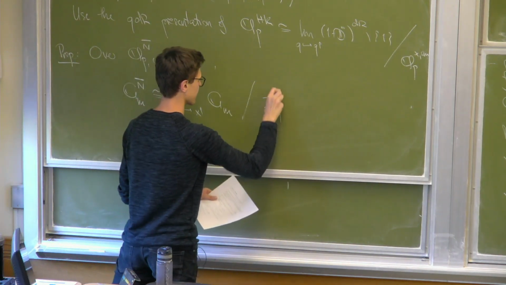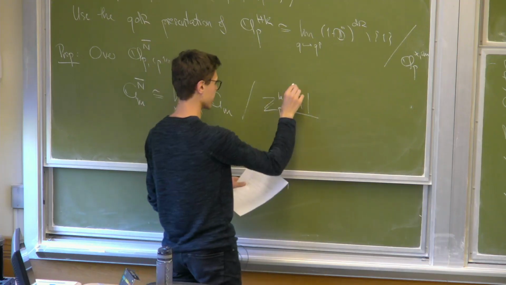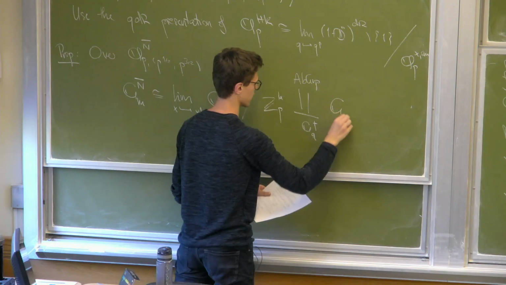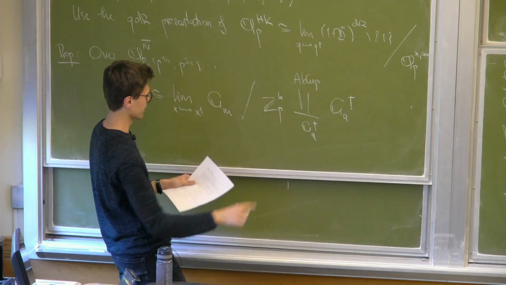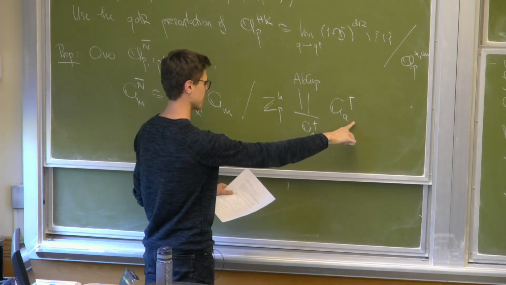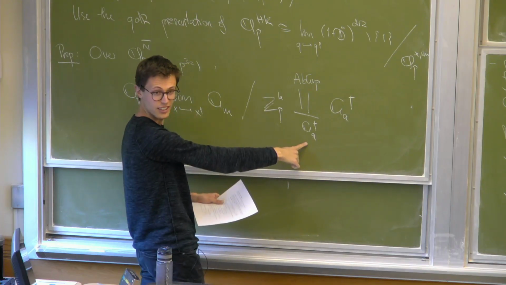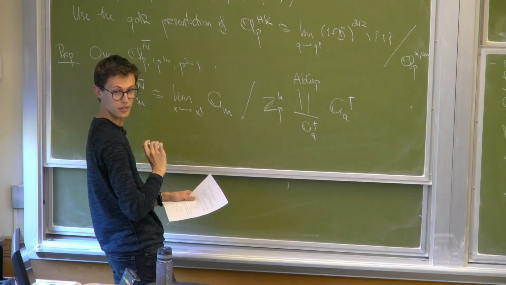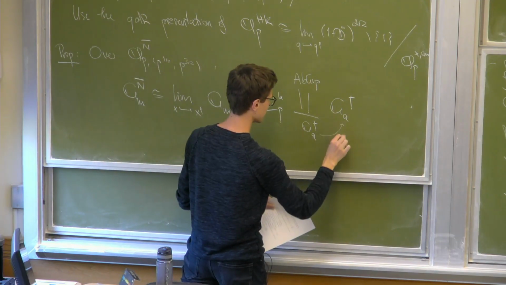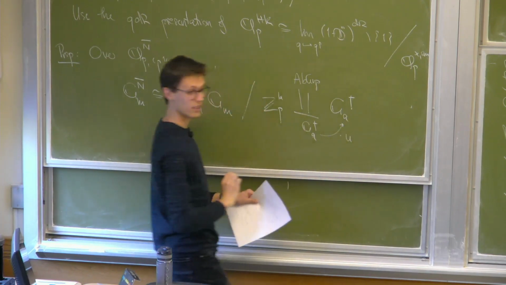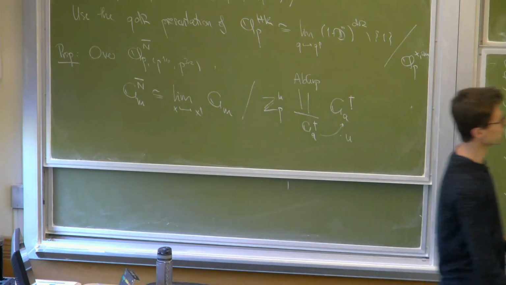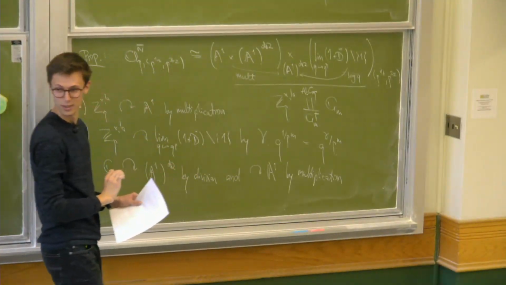And the quotient is, again by some push-out, so I take Z_p LA and I take the push-out with G_a dagger over G_a dagger, where this map G_a dagger to Z_p LA is just the inclusion of the overconvergent neighborhood of 0. And this map here is supposed to be multiplication by U. Where maybe to make sense of this, you actually have to get rid of this de Rham stack first, as I said before, to make sense of U.